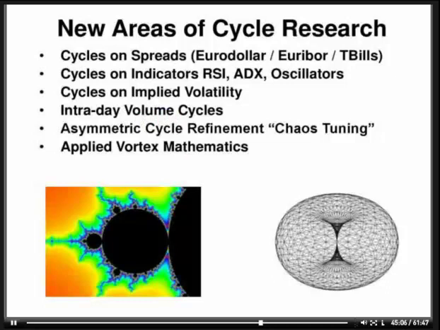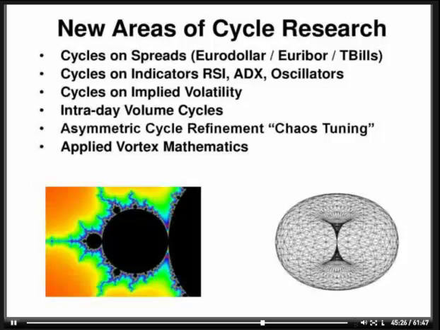Again, we're also using the cycle tools to look at indicators. So we're looking at cycles in oscillators such as the RSI, or cycles in trend such as the ADX, or the Aroon, cycles in Aroon oscillators, things like that.